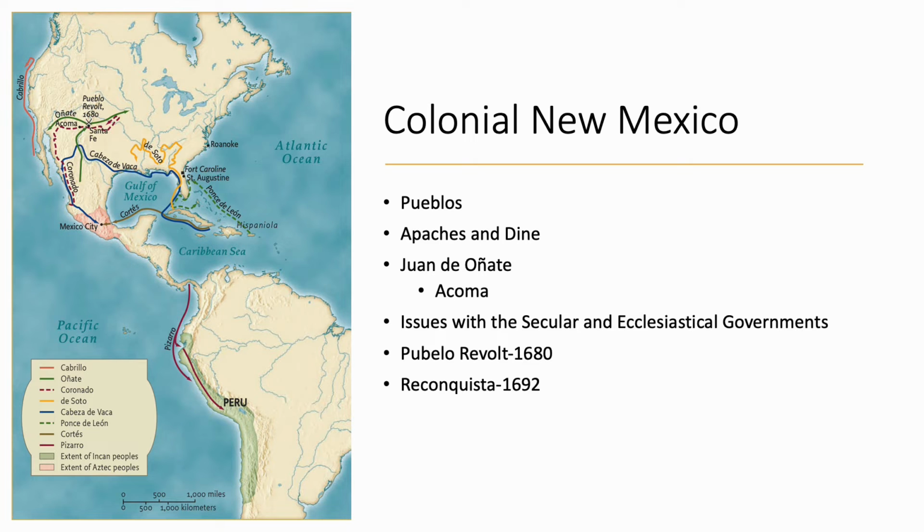And so beginning in 1692, and for the next 5 years, the Spanish reestablished themselves in New Mexico during this period we call the Reconquista. There is another revolt in 1696 that attempts to throw the Spanish out, but that quickly falls apart, and you have the Spanish remaining in New Mexico until Mexico's independence in 1820.